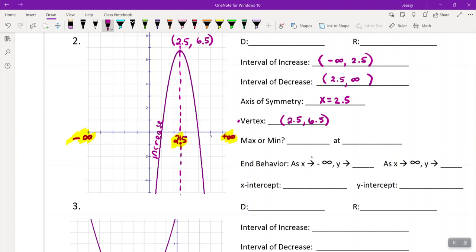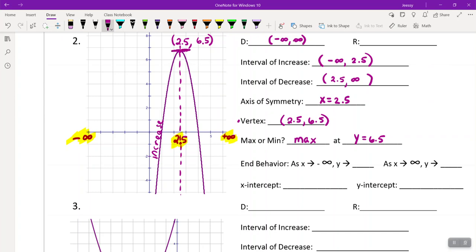Let's see. Is this a maximum or a minimum? And at which y value? 6.5. All right, so now let's do domain and range, okay? Domain, the answer is always the same, because it's a continuous function from left to right. Now the range is going to be determined by your max or your min, in this case by your maximum, right?